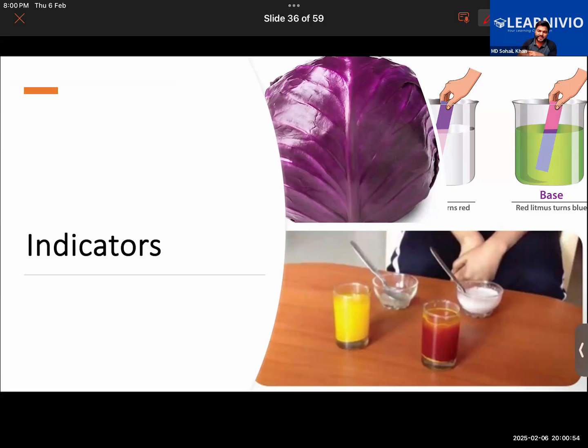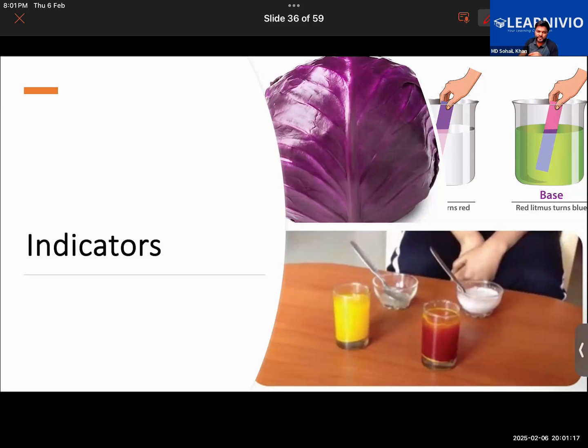These substances help us determine whether a solution is acidic or basic by changing color when acid or base is added to it. But sometimes we have olfactory indicators also, which lose their smell or retain their smell when acids or bases are added to them.